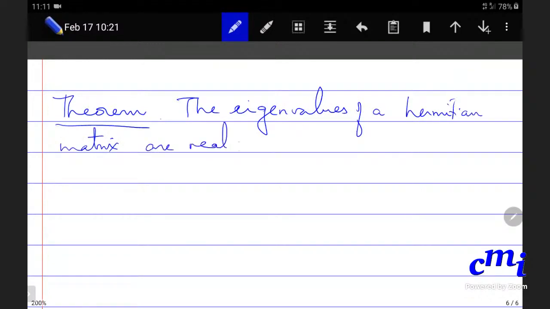Not only are the diagonal entries real, in fact the eigenvalues themselves are real. Diagonal entries are real because it is self-adjoint. So this is an extremely important property.